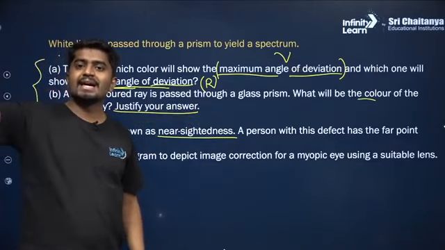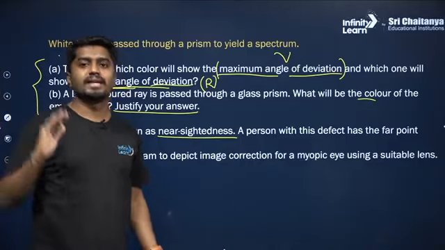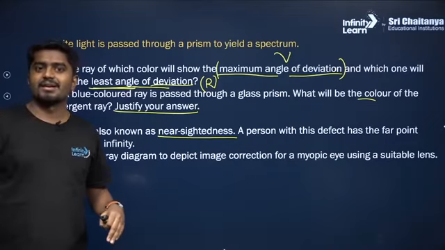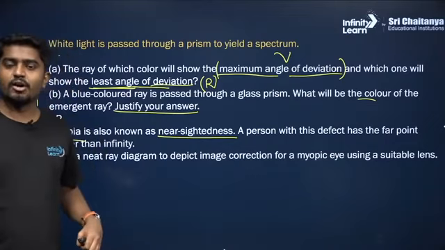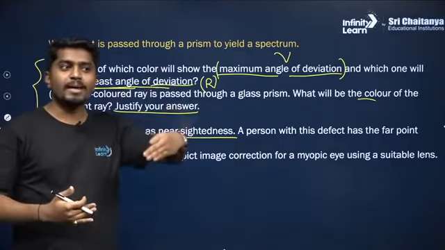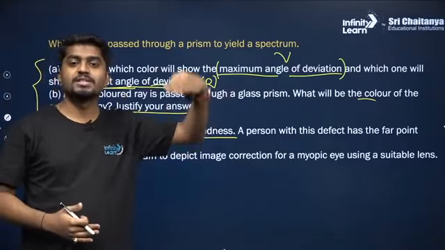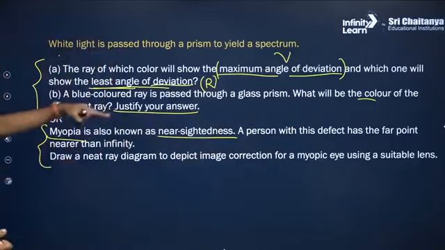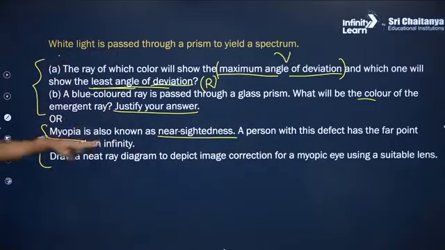They can see any object until infinity. But if a person has myopia, the far point is nearer. So let's suppose far point is 1 meter or 4 meters, 10 meters. So a person will not be able to see any object which is placed beyond 4 meters. So that is the meaning of far point nearer than infinity.